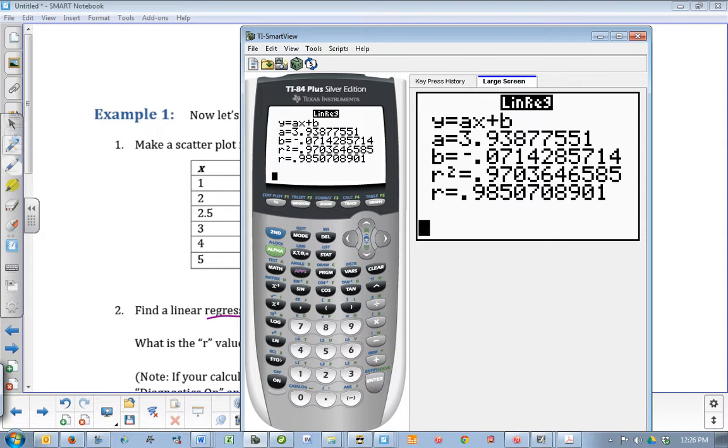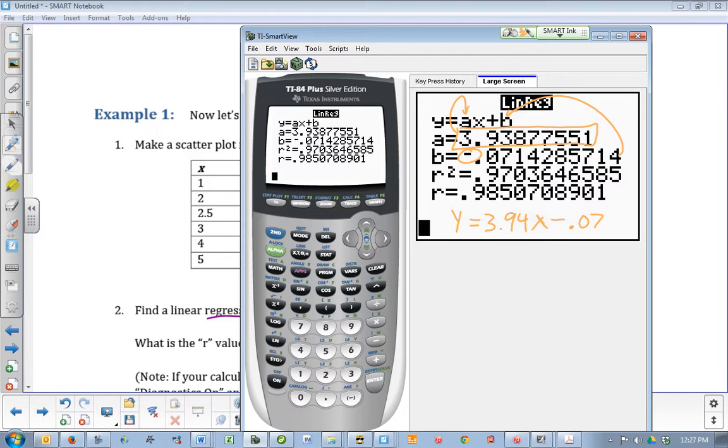So what this means is that we have an equation in slope-intercept form, and this number right here is the A, and this number right here is our B. So this equation is about y equals 3.94x, I'll round that off, plus, watch out for this negative here, so it's actually a negative sign, minus 0.07.